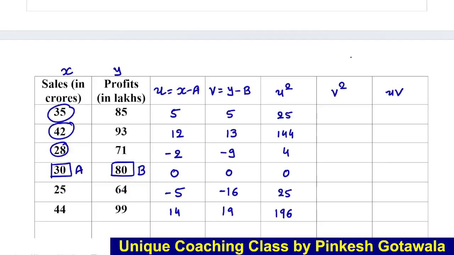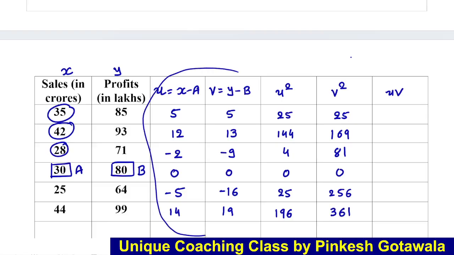So 5, 25, 169, 81, 0, 256, 361, and the multiplication of u and v: 25, 12 into 13 is 156, 18, 0, 18, and 2, 6.